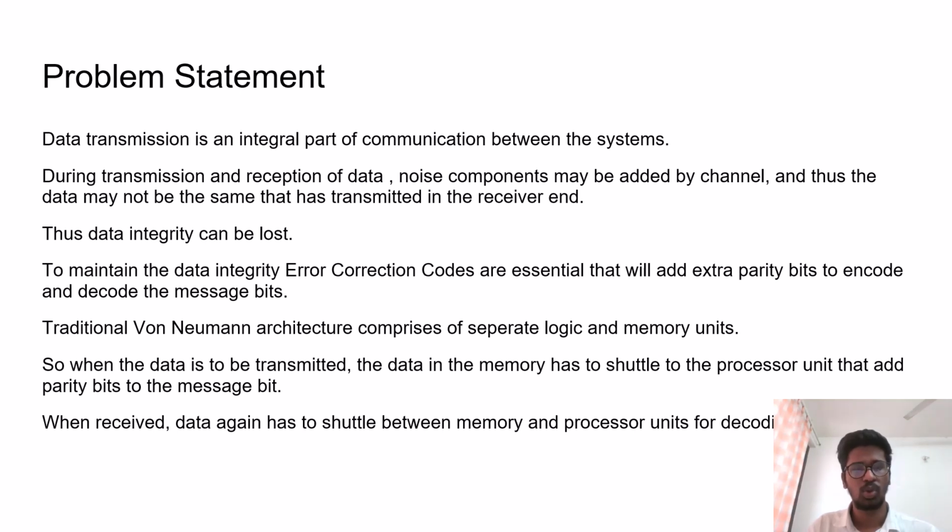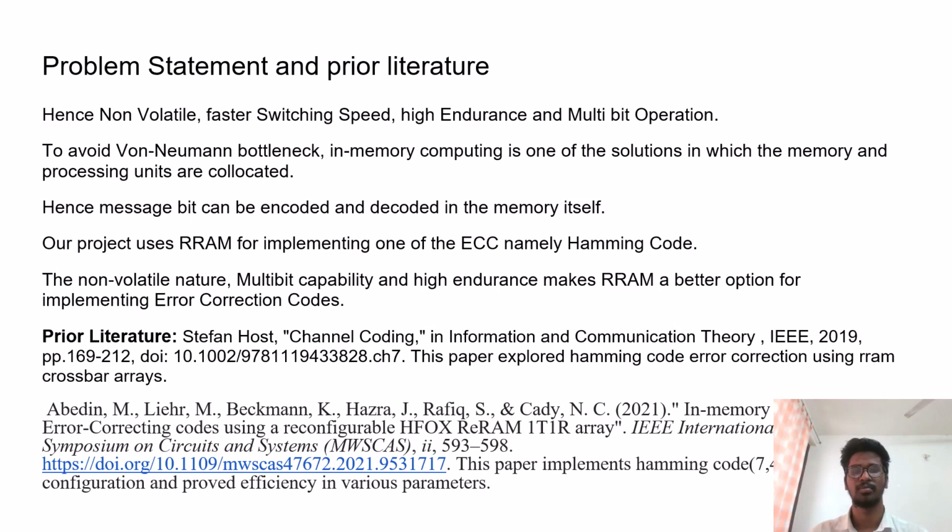So, to avoid the von Neumann architecture, in-memory computing is used, where memory and processing units are located together. This means the data can be processed directly within the memory itself.